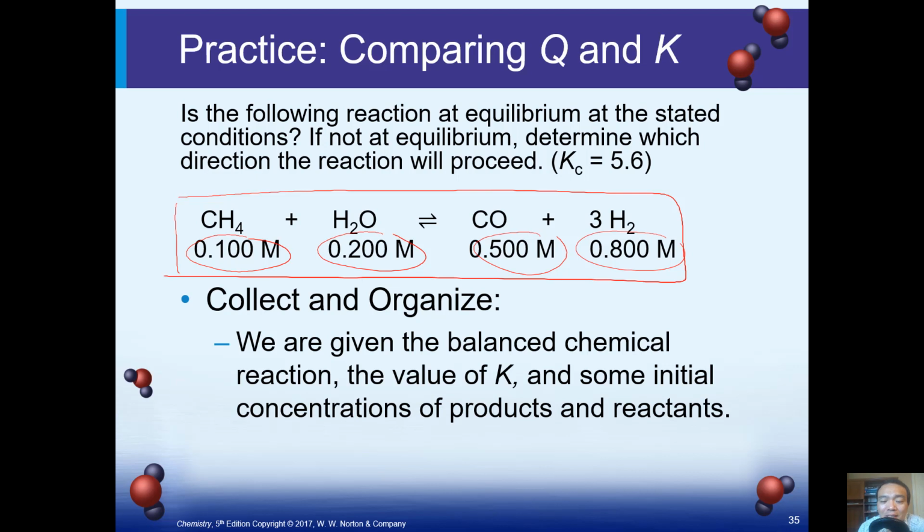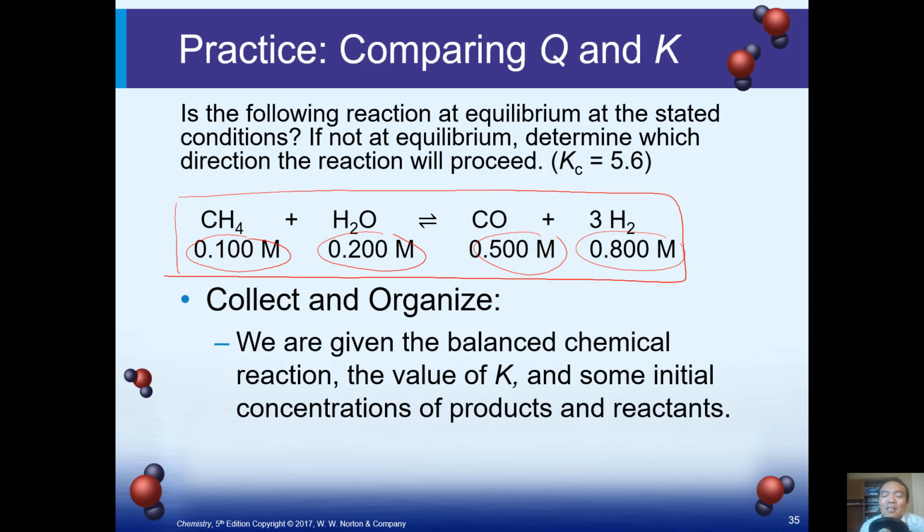That's the concentrations we see over here. Then they ask you, can you tell me if the reaction is at equilibrium or not? If not, to which direction will the reaction shift? So basically, this is a typical Q and K comparison.